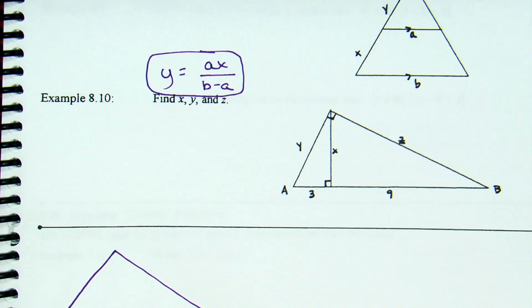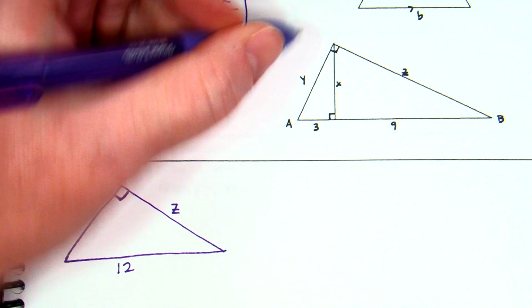What's the next obvious one? Little small guy here. Right angle is down at the bottom right. What do we know? Short leg 3, long leg x, hypotenuse y.